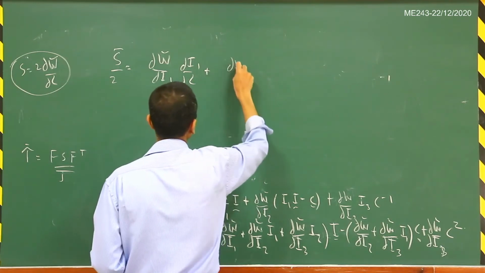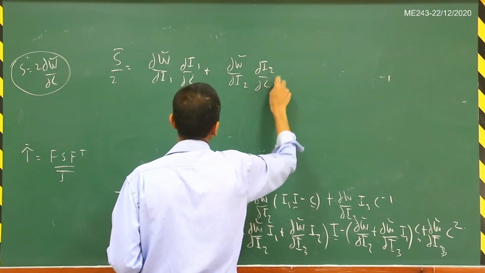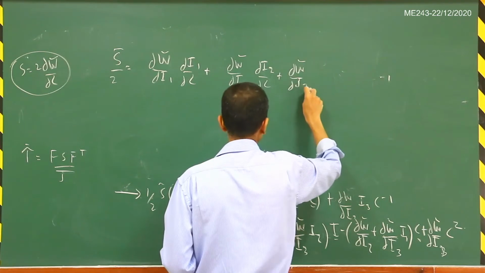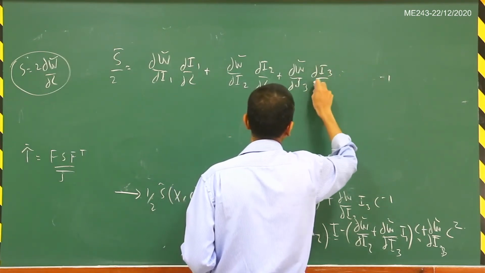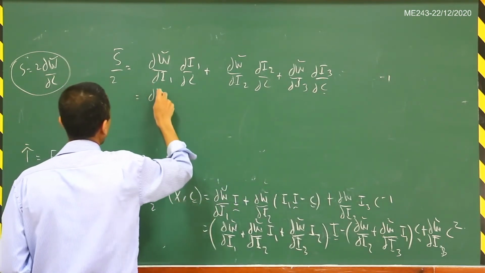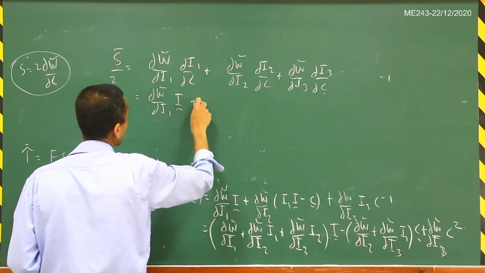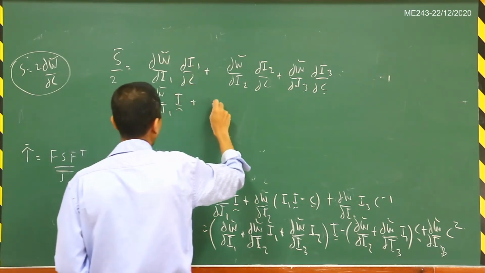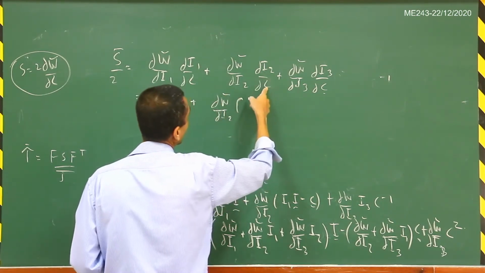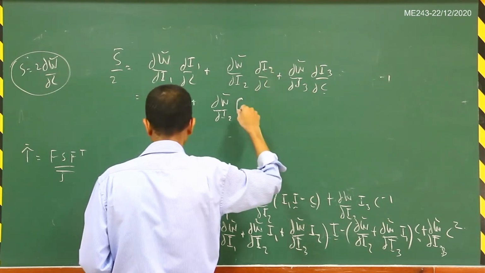So del W by del I2 times del I2 by del C plus del W by del I3 times del I3 by del C. And then from this you will just get that this is equal to del W by del I1 times identity, since del I1 by del C is just the identity tensor, plus del W by del I2 times, this is nothing but the trace of cofactor of C. So that gradient we have already seen in the tensor part.